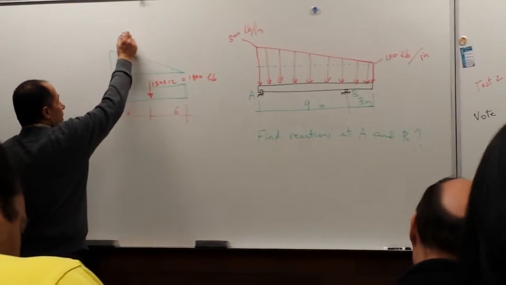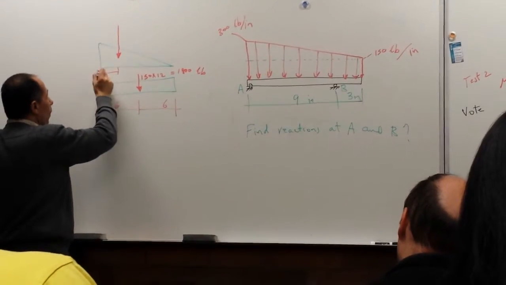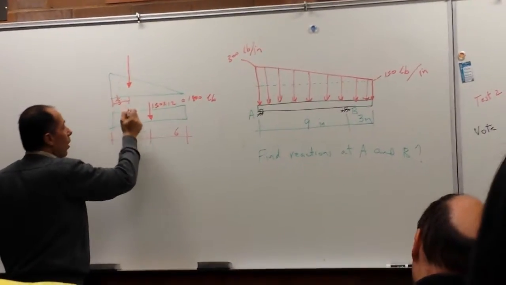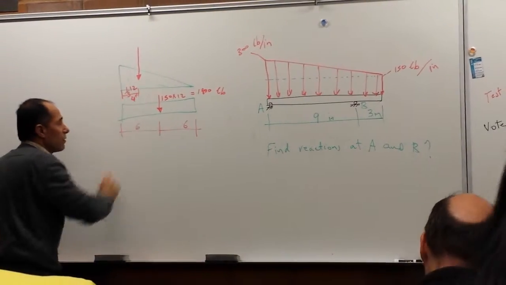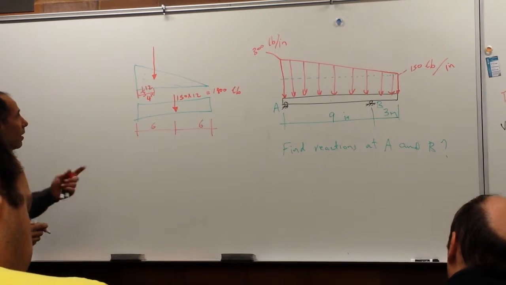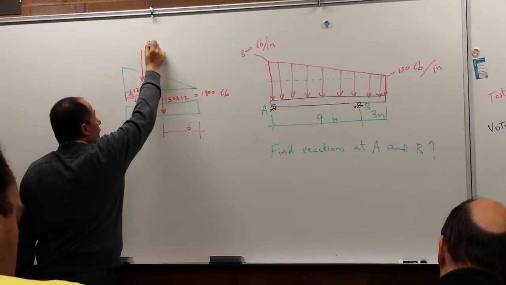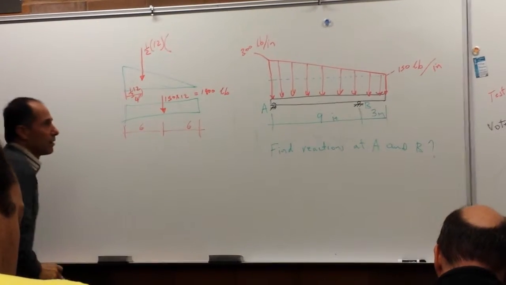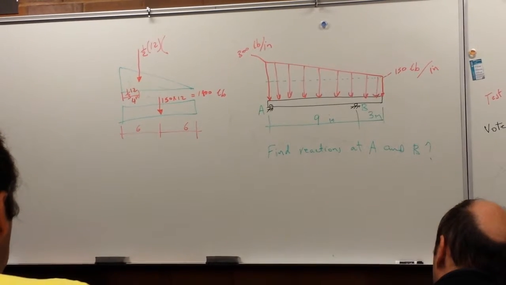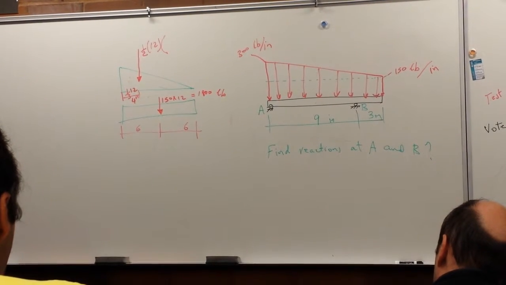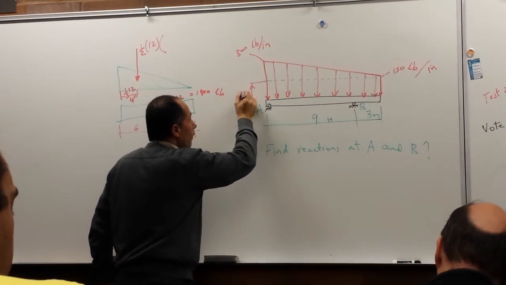This one here is coming in at a distance of 1/3 of the 12, correct? Which is at 4 inches. Agree? The area of this one is going to be half of the 12 times what? 150, not the 300, because we already cut here, this distance here is 150.